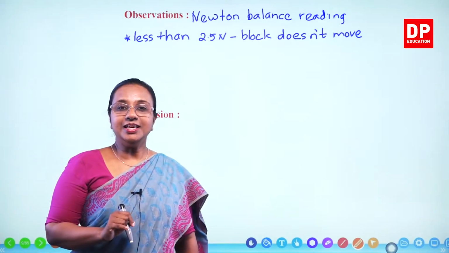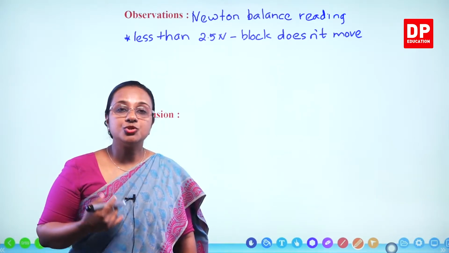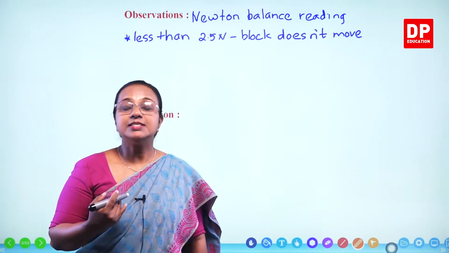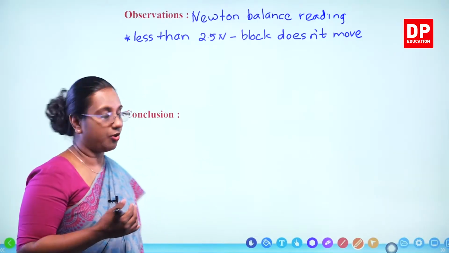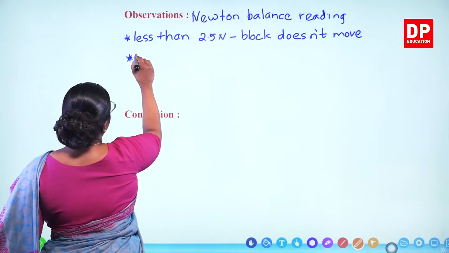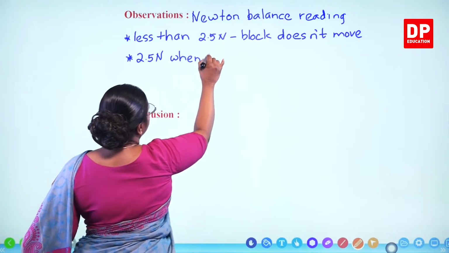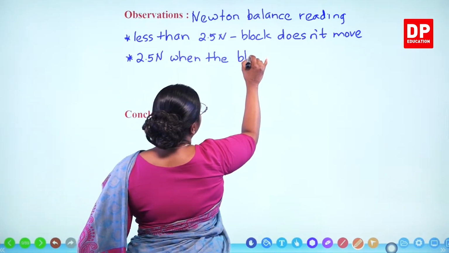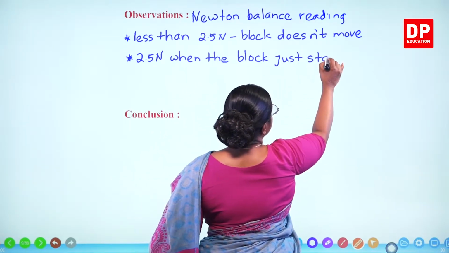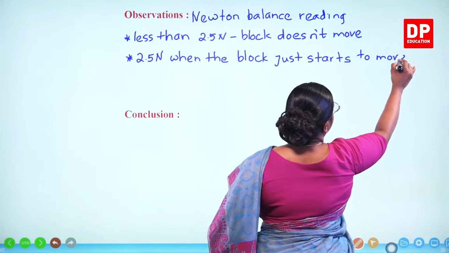Then you saw clearly that when the block just started to move, the Newton balance showed a reading of 2.5 Newton. So that was the second observation: 2.5 Newton when the block just starts to move.